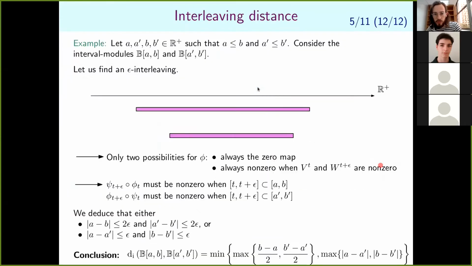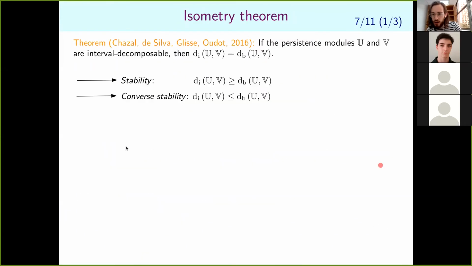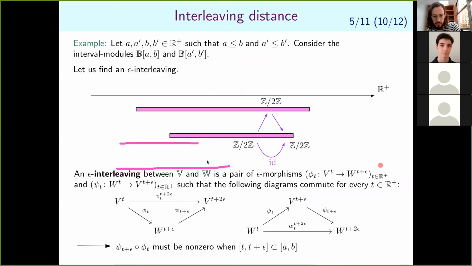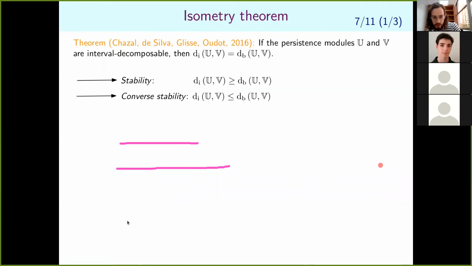So say we have two bars. The commutative diagrams were Vt, Wt plus epsilon. I hope you can see what I'm drawing.